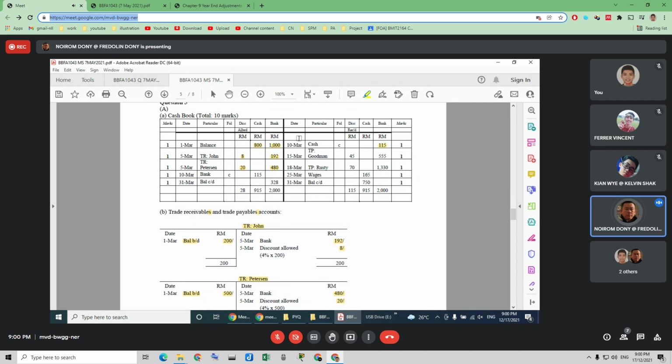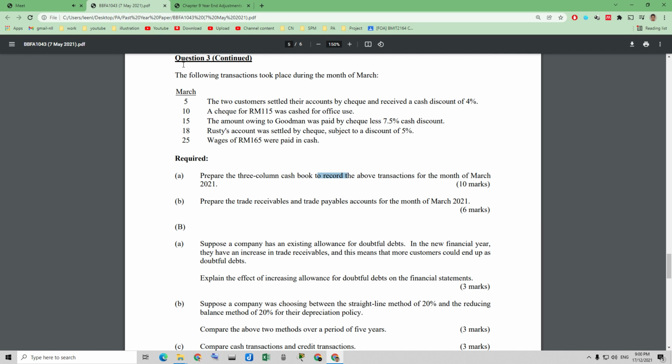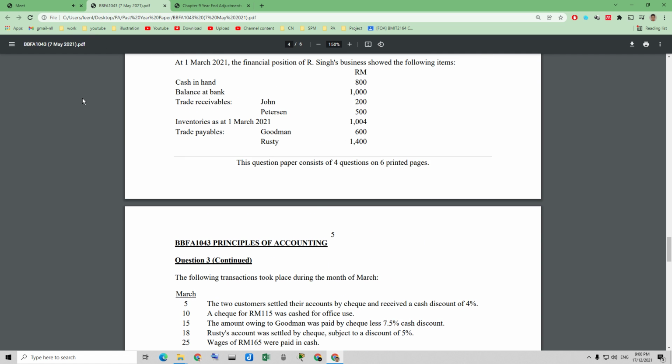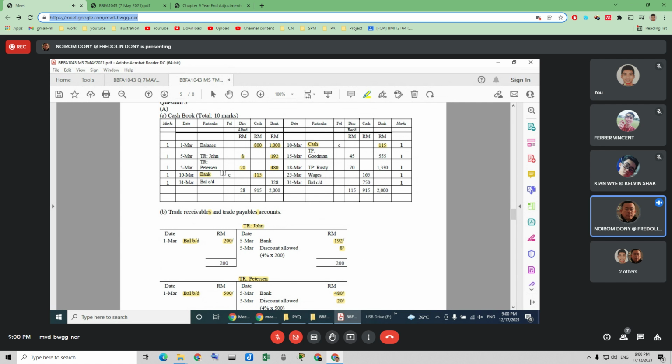So in the particulars, you write down cash here. And don't forget to do the double entry. That is debit cash column 115. And in the particulars, we put bank. Contra entry. Don't forget this indicator.